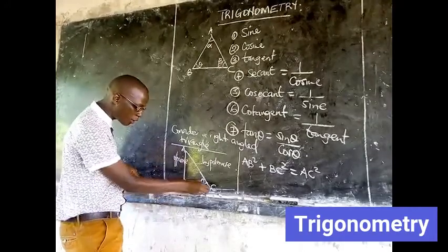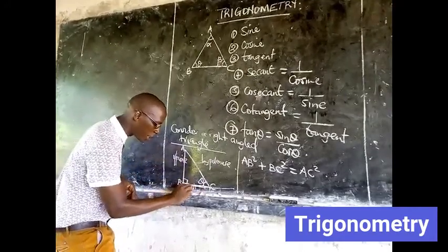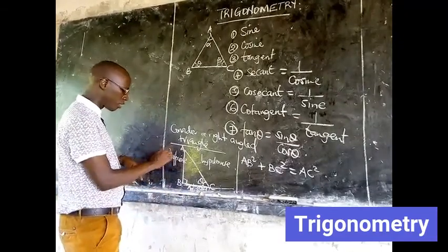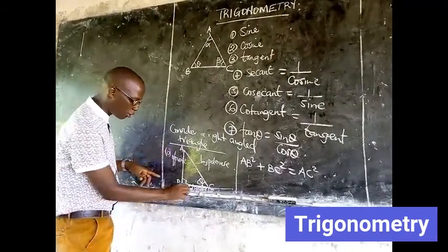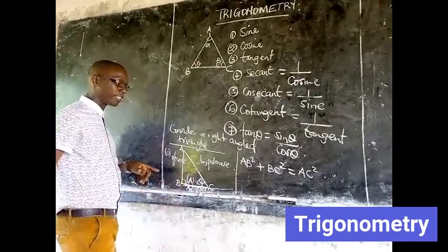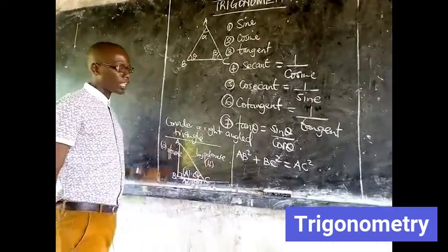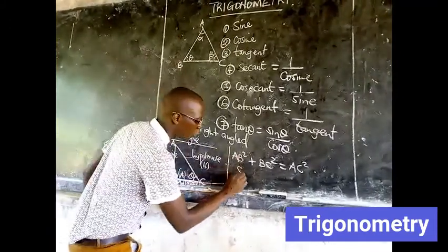Then where the angle is sitting is always going to become our adjacent. So we're going to use O for the opposite, A for the adjacent, and capital H for the hypotenuse. That's where we derive SOHCAHTOA.